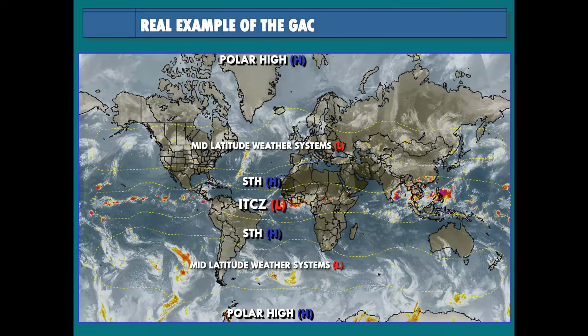And here's an example. Again, it's hard to pick out perfectly where everything is, but you can kind of see how near the equator, think of it as a belt in the middle of the earth, you have this band of clouds, that's the ITCZ. On either side of that, you have an area of relative clearing, high pressure, then low pressure to the north, low pressure to the south of that, and then high pressure at the end.